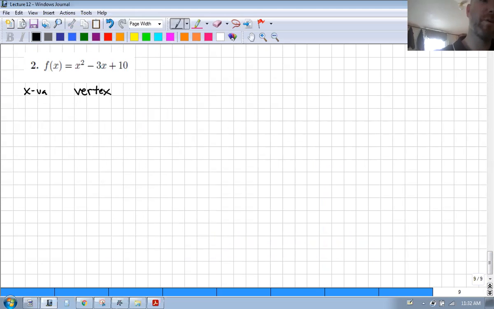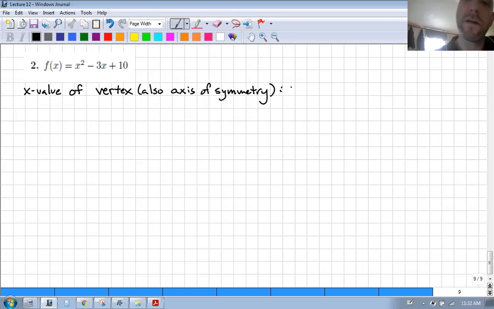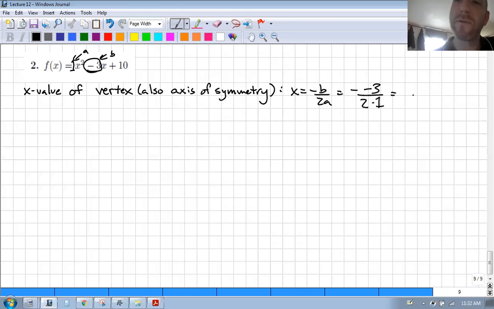The x value of the vertex, this is also the axis of symmetry, x equals negative b over 2a. Our b here is -3, and our a here is 1. So that gives us a +3/2.